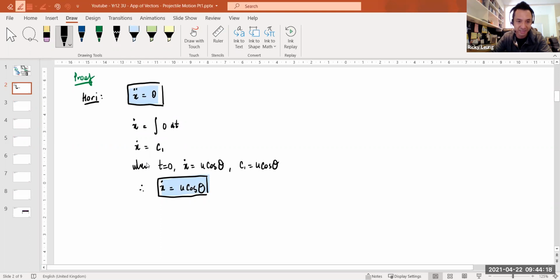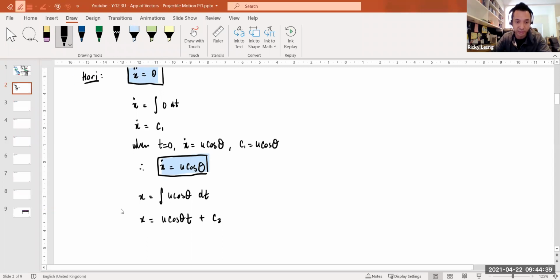So if I integrate this again, x equals the integral of u cos theta dt. Now, keeping in mind that u is given, theta is given, they're both constants, right? So if I integrate a constant with respect to t, that just becomes u cos theta t plus another constant of c2.